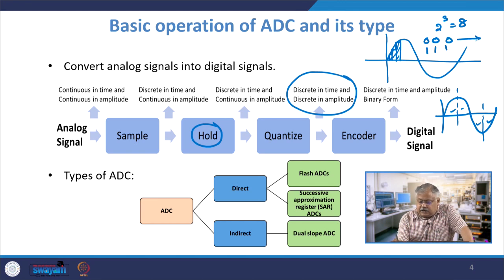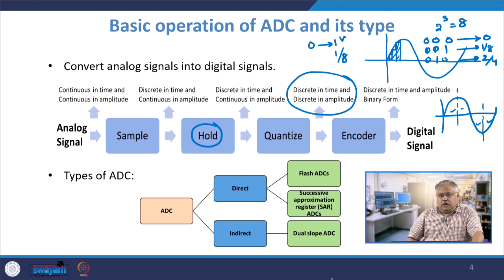Now if the input AC voltage varies from 0 to 1 volt, then what you do is divide 1 by 8. So 000 will be 0, 001 will be 1 by 8, 010 will be equal to 2 by 8, and so on and so forth.